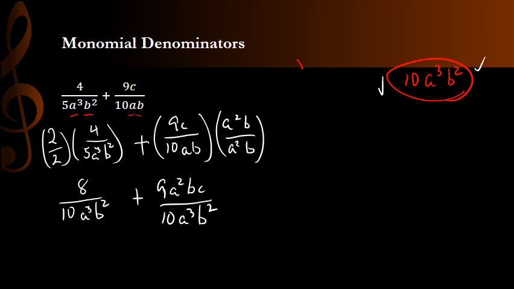All right, well, I've got everything to a common denominator, and we can simply finish this off. It is going to be 8 plus 9a squared bc over 10a cubed b squared. What's the least common denominator?